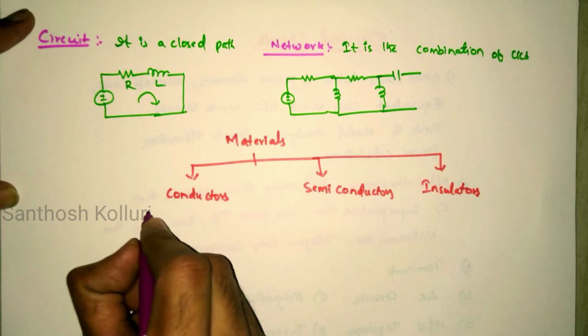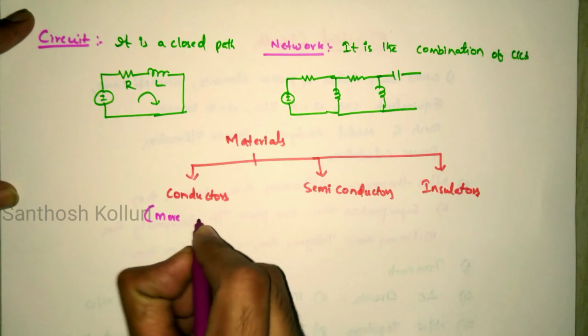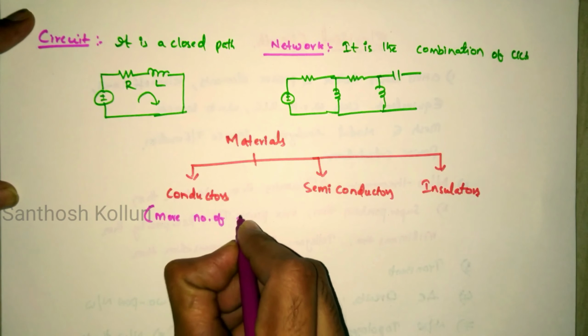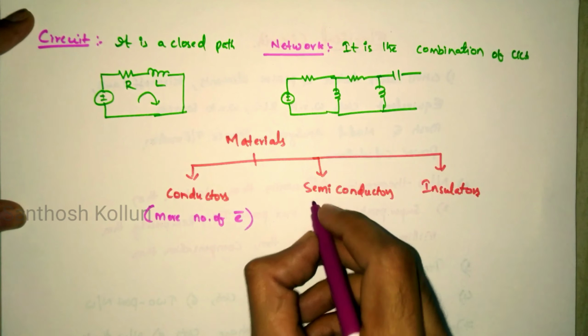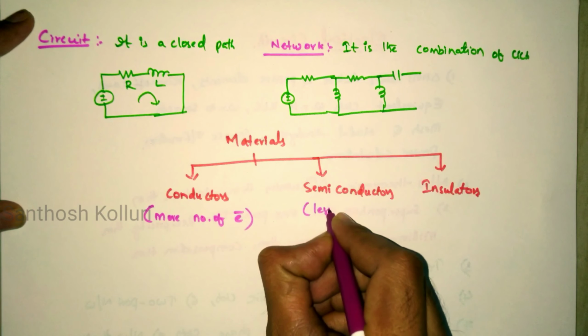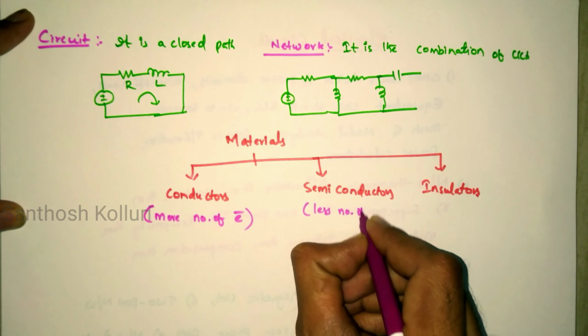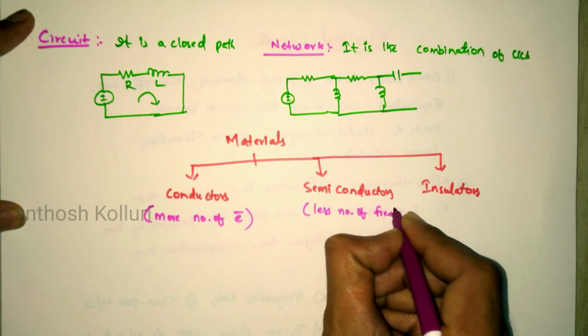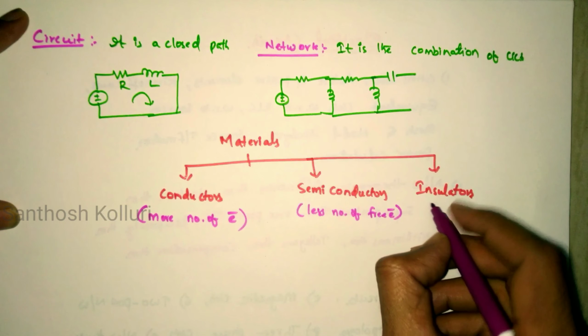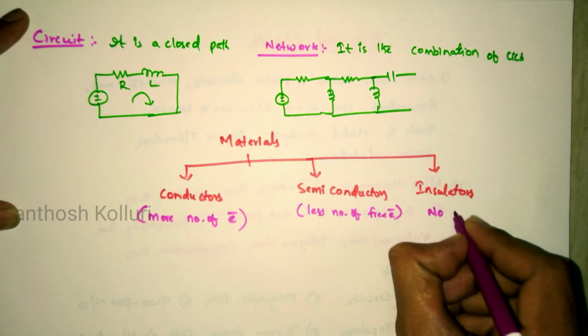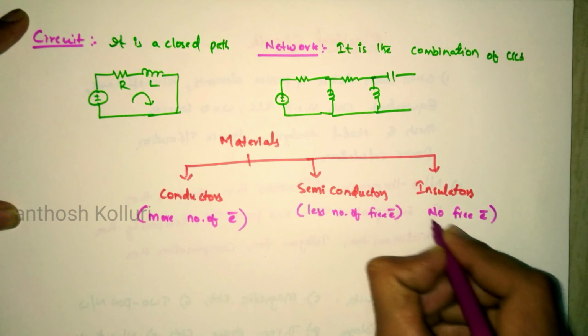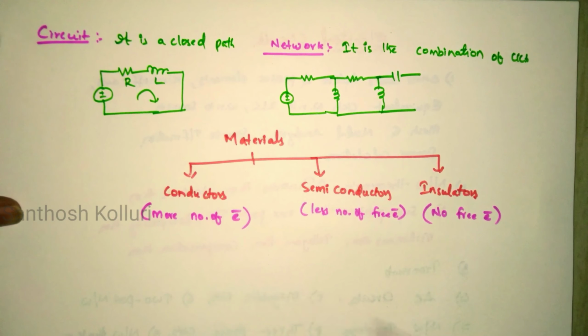Conductors have a large number of free electrons, semiconductors have a medium, lesser number of free electrons in the outermost orbital, and insulators have no free electrons.